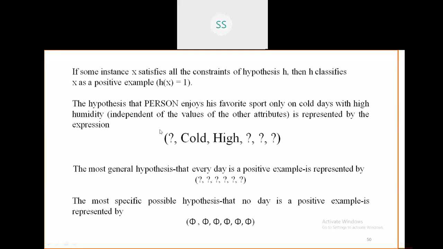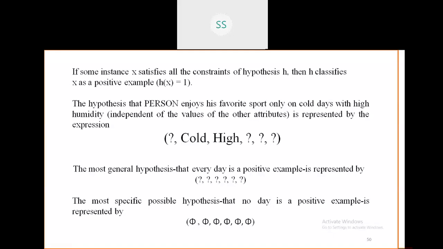In such a case, we are choosing those particular inputs. The most general hypothesis, that every day is a positive example, is represented by all question marks. That is, you are going to play the game every day.